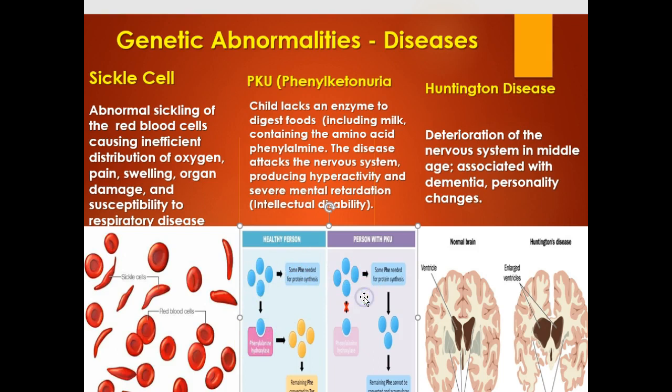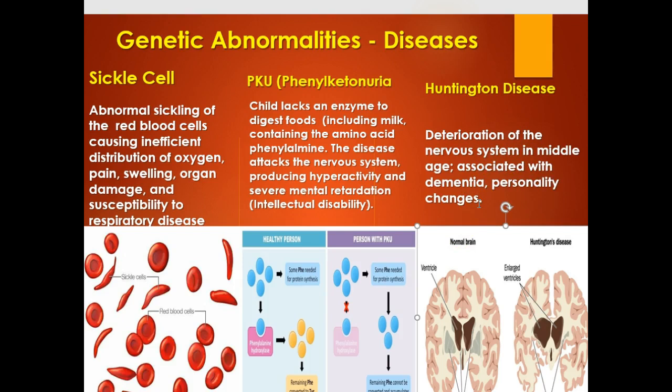And in the person with PKU, you have some of the phenylalanine that are just abnormal. Then we have Huntington's disease. Well, Huntington's disease is where the nervous system deteriorates very rapidly, and it usually happens in middle-aged individuals and is associated with dementia or personality changes.